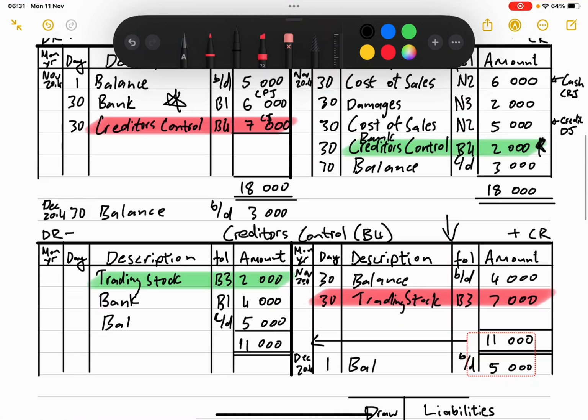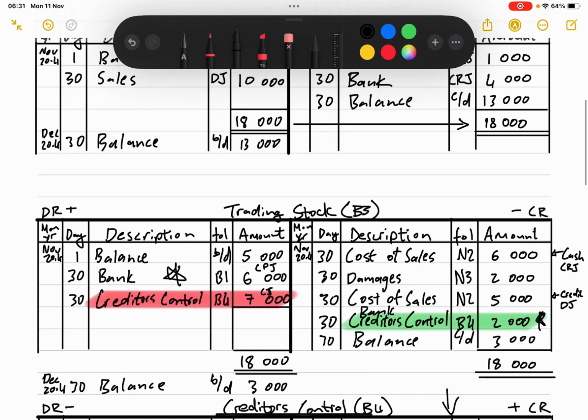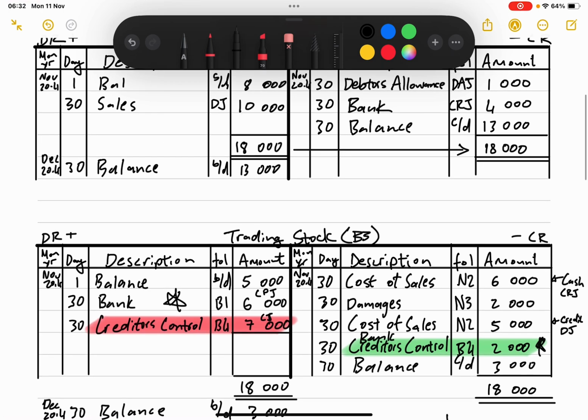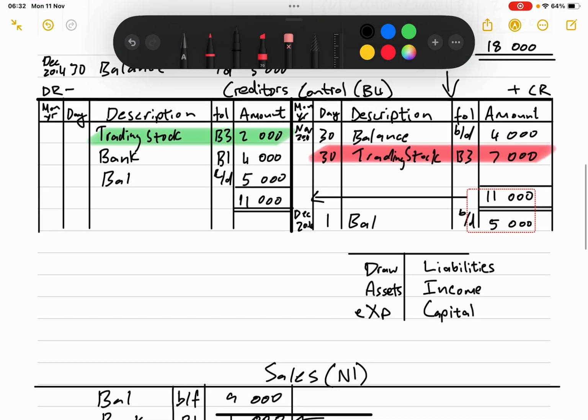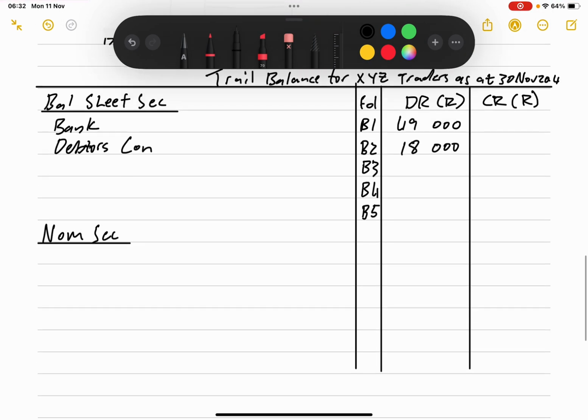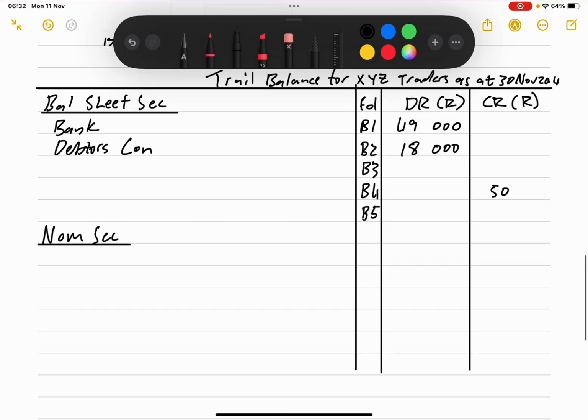So debtors control 13,000, trading stock is 3,000, and creditors control is 5,000. This is your trading stock, and this is your creditors control.